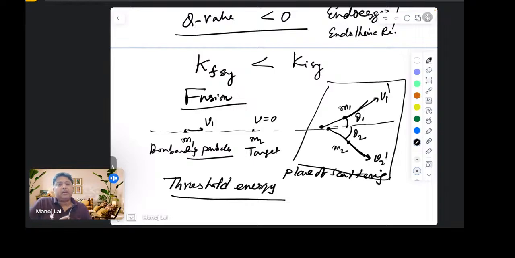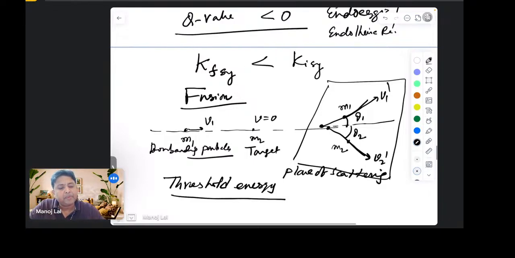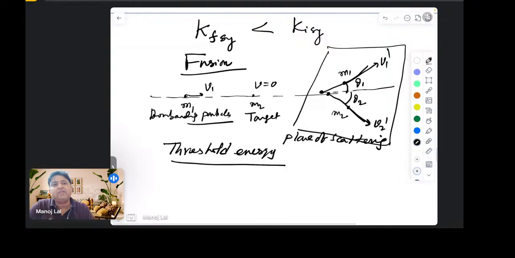It is the minimum energy for the particles to hit the target particles and for the fusion reaction to take place. What should be the energy required for this reaction to be possible? We know that for this reaction, K initial is more, K initial minus K final is equal to Q in this case.